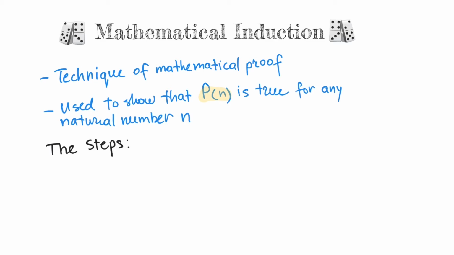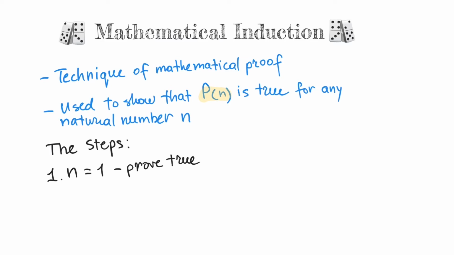You start by looking at your basis. So you take n equals, let's say 1. It could be 0 or it could be 1. You have to prove either. So you plug it in, you calculate the result, and you see if it's true.